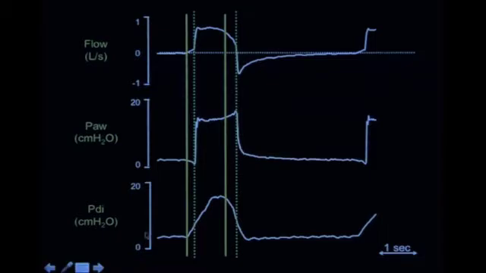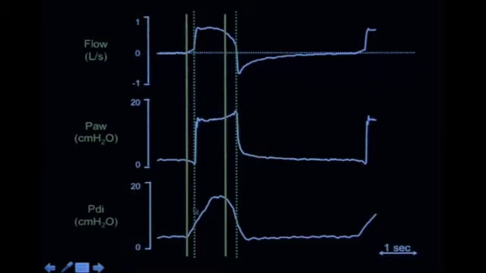There is a small deflection here corresponding to the triggering function, and then the pressurization of the machine with a more or less square wave of pressure until a certain threshold is achieved, which is in this case 25% of the peak inspiratory flow.